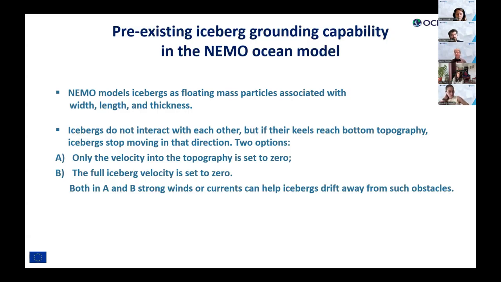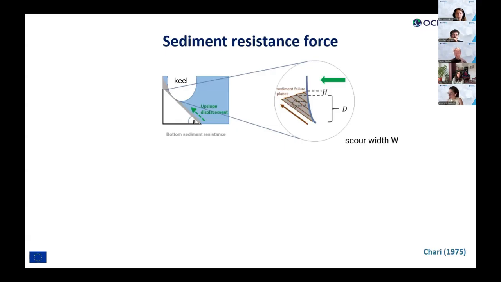There were two options to choose from: to just remove the velocity of the icebergs that's into the direction of the topography, or to reset the total iceberg velocity vector to 0 as soon as it reaches a topographic obstacle. But under both options A and B, strong wind bursts or currents were able to set the icebergs in motion quite quickly, so that icebergs would bounce off or drift away from such obstacles.